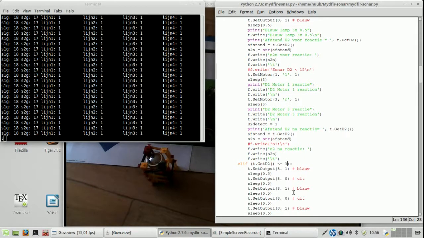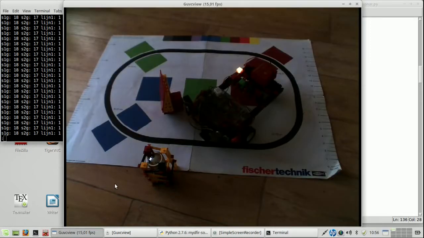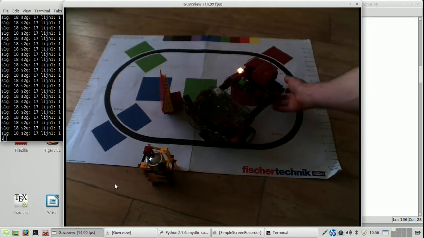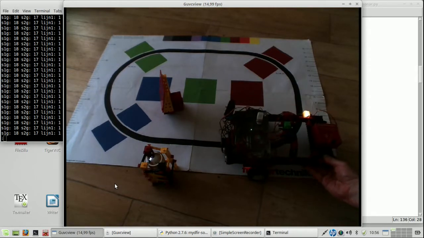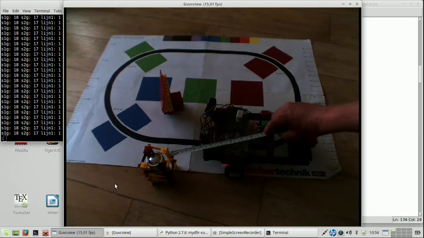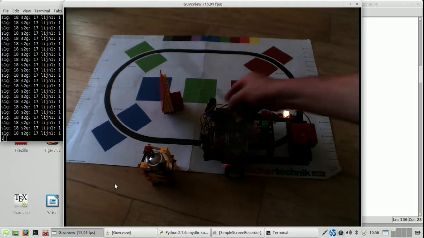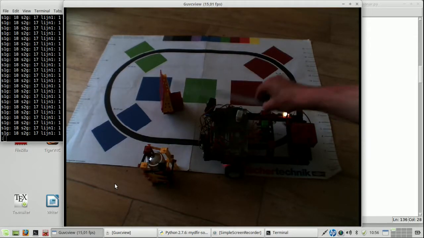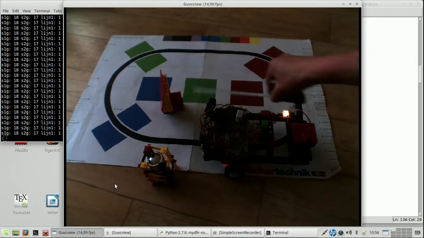So, what will happen now? Let's put this one back on the line, with this being about 9 and this being about 10. Let's change that a little bit. Is it?